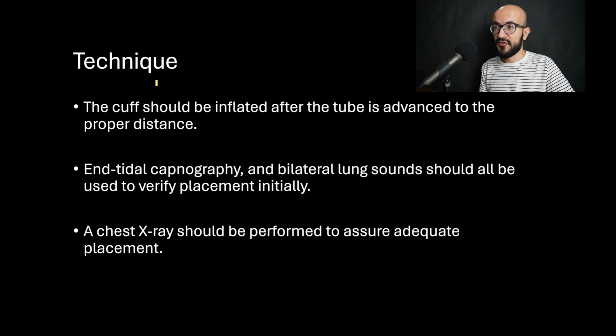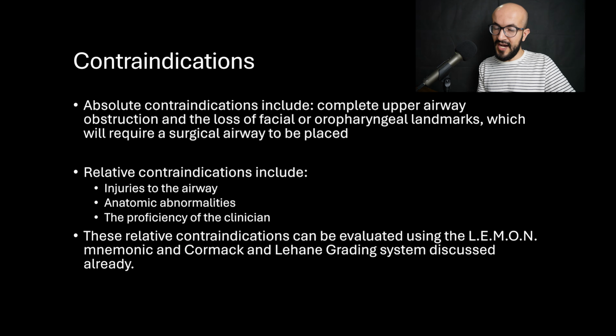Now the cuff should be inflated after the tube is advanced to the proper distance, and end-tidal capnography and bilateral lung sounds should all be used to verify the placement initially, and a chest X-ray should be performed to assure adequate placement.